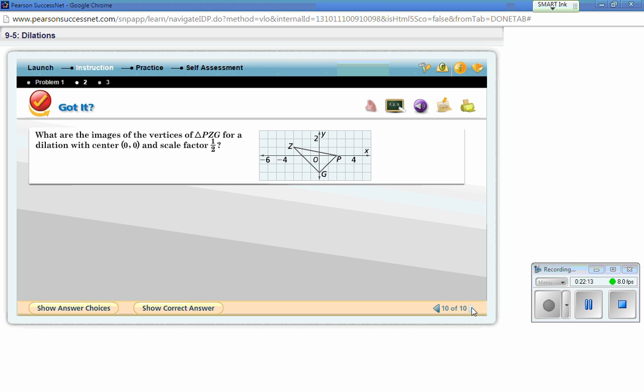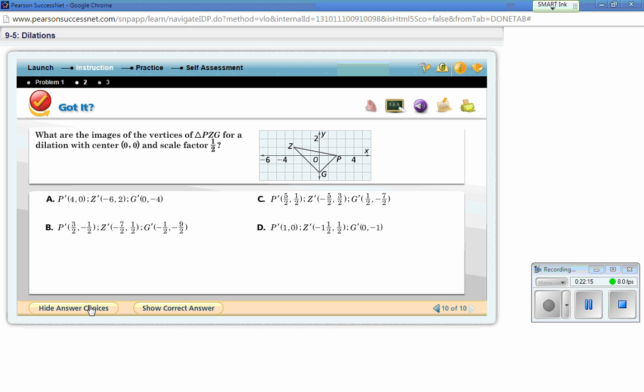So let's see if we're going to go ahead and try that. Look at these answer choices. Look at your original coordinates and tell me what you think the answer is going to be. So look at P, Z, and G, because you have that on your own paper there. I want you to tell me what the answer is if the scale factor is 1/2 this time.